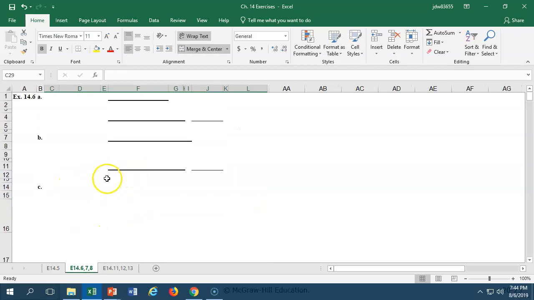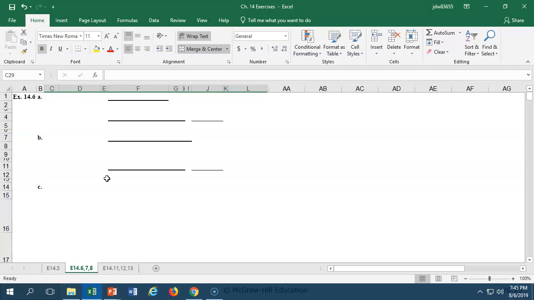All right, let's move to exercise 14.6. Shown are selected data from the 2015 annual report of CVS Health, a large drugstore chain. We have total assets, total stockholder equity, operating income, and net income, separated into beginning of year and end of year.